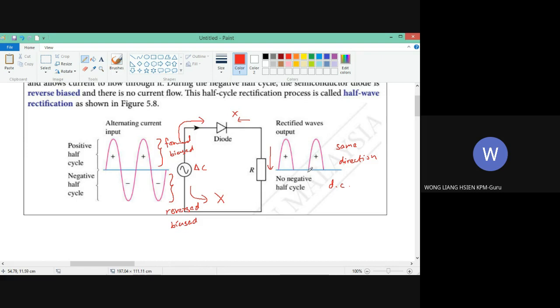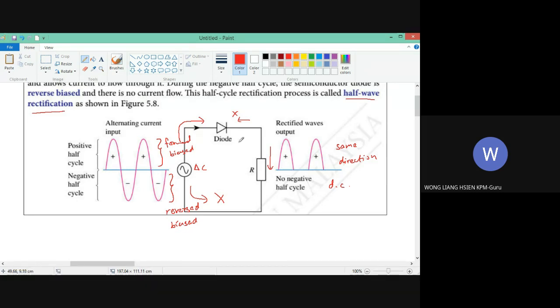So that means the diode has converted the alternating current into direct current. You see or not? However, this is called the half wave rectification because it only converts half of the wave.